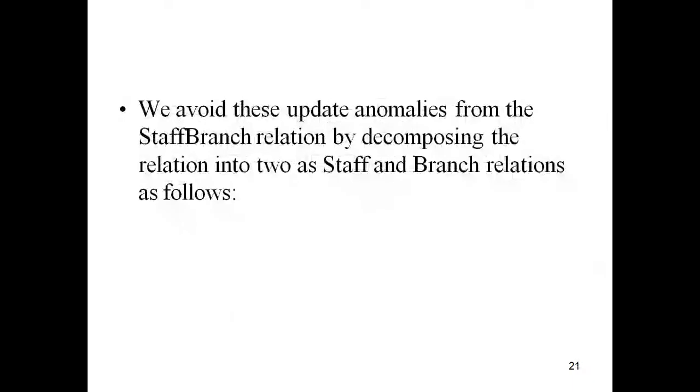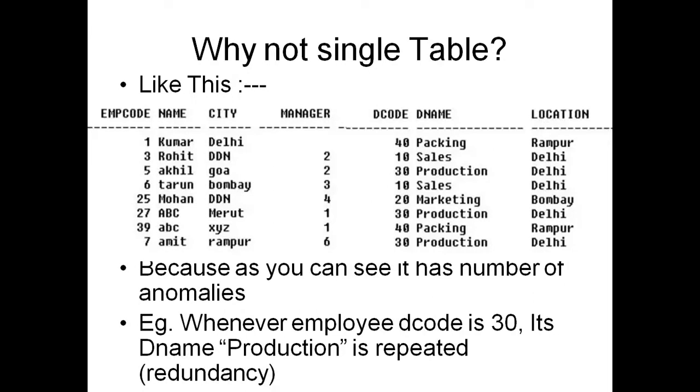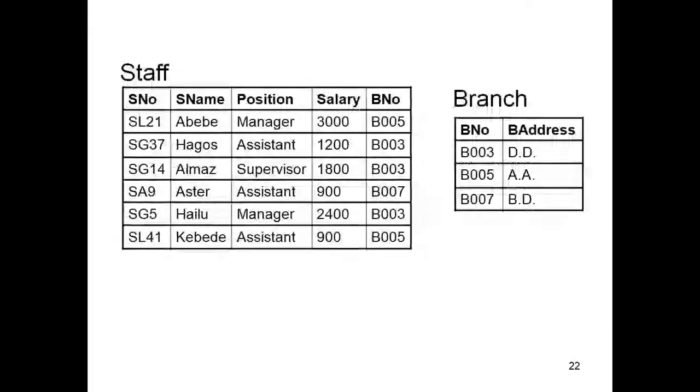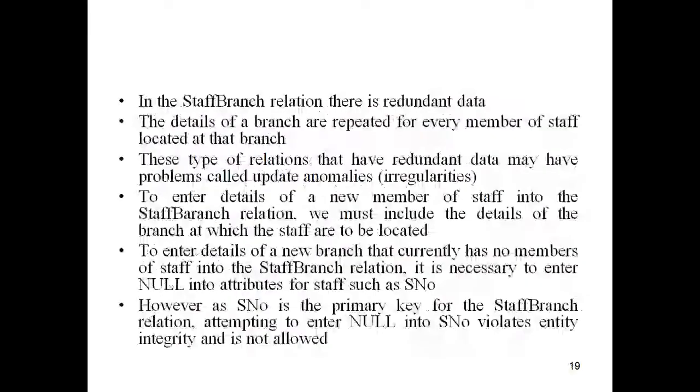You can find different types of examples of anomalies in different books. I will suggest you try to learn and understand different types of examples, then only can you go through normal forms. So in the next tutorial, before that, see what has to be done.